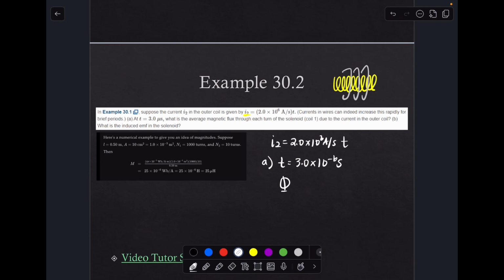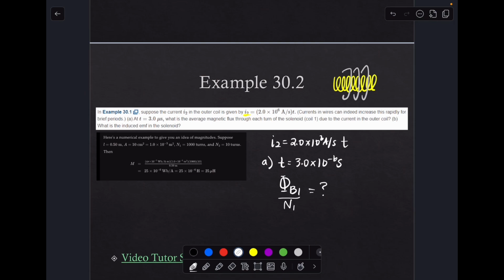We are asking for the magnetic flux in each turn through coil 2. Nope, coil 1, right? The average flux through each turn. So I imagine that means the flux divided by the number of turns. What is that?